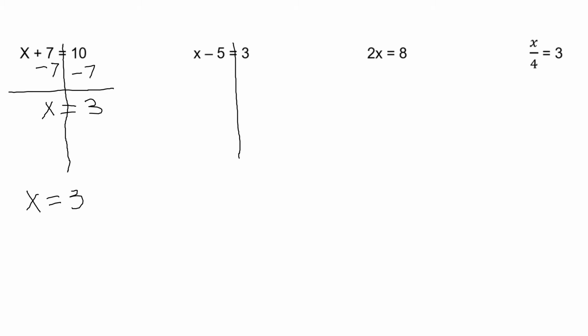So we're going to add that 5 to both sides. Okay, and negative 5 plus 5 is 0. And 3 plus 5 is 8. So we have x equals 8.